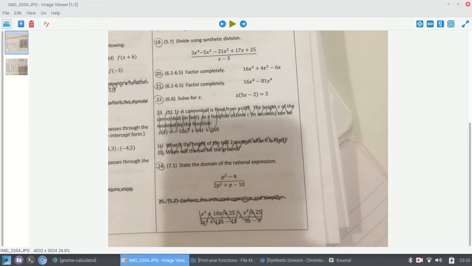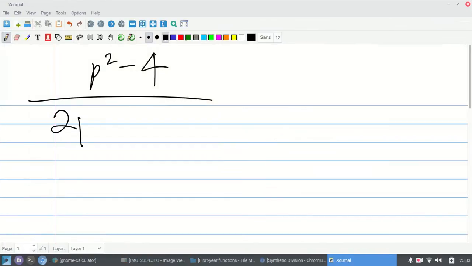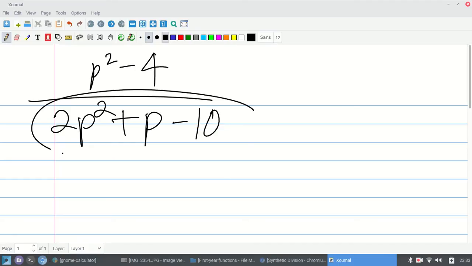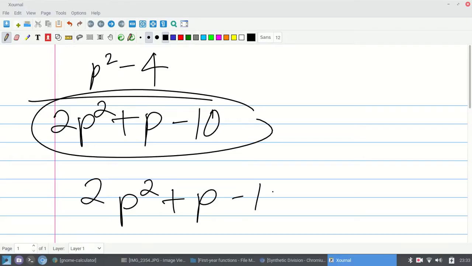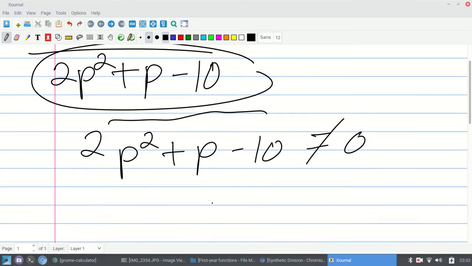So you've got p squared minus 4 divided by 2p squared plus p minus 10, right? So this can't be 0. 2p squared plus p minus 10 cannot be 0. I need to know what this factors into first, right?